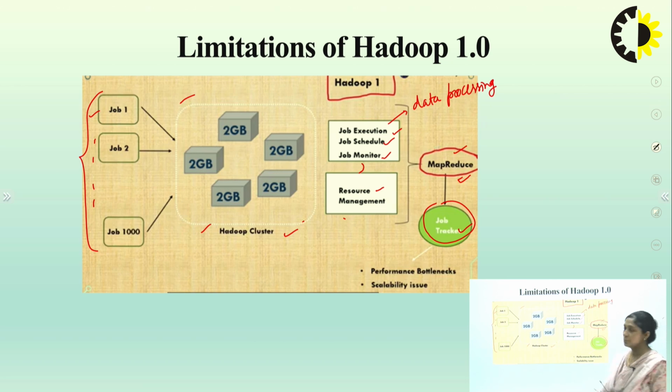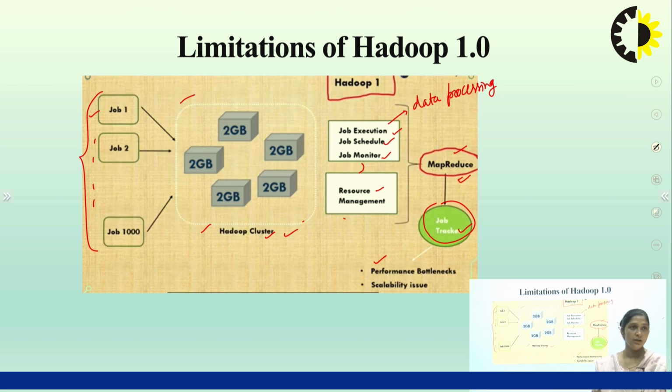If job size or data size increases, a bottleneck problem will occur because the size of this cluster was limited. That was approximately 4000 data nodes, and a scalability issue also arises. To solve these two issues, we need YARN, which was introduced in Hadoop 2.0.